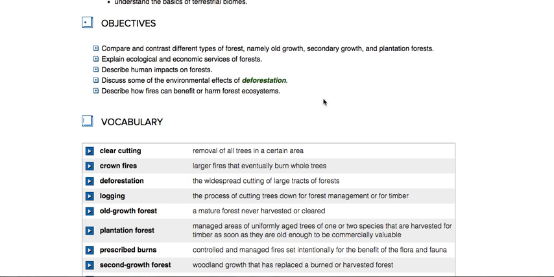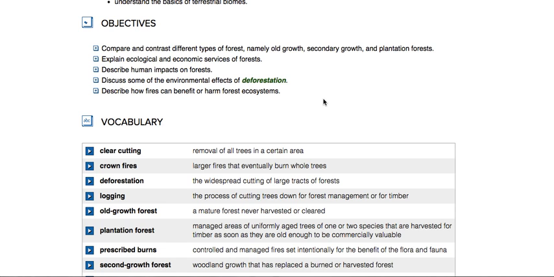after you've gone through the lesson and gone through the questions and you're ready to start the project, really the project is looking for you to be able to compare and contrast the types of forestry, particularly the types of growth that are found in forests. Talk a little bit and be able to explain some of the ecological and the economic services that forests provide.